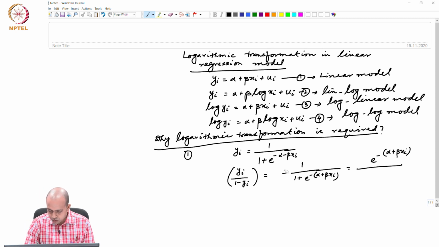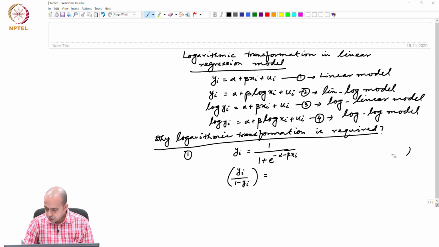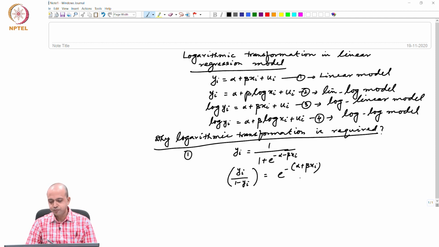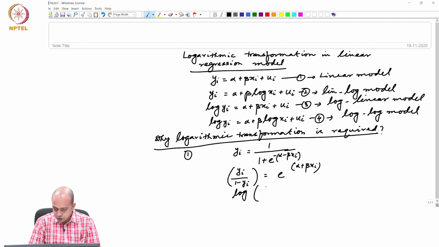You can easily solve this. I am not doing all the steps. It would become e to the power alpha plus beta xi, and then if you take log of this yi divided by 1 minus yi, it would become alpha plus beta xi.